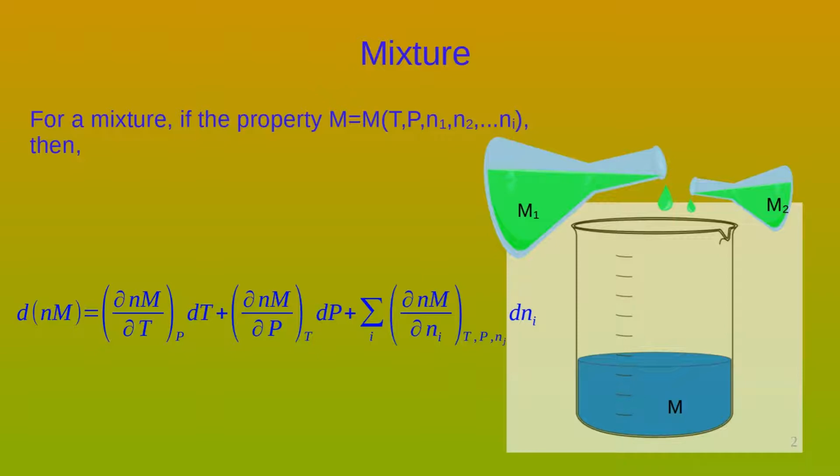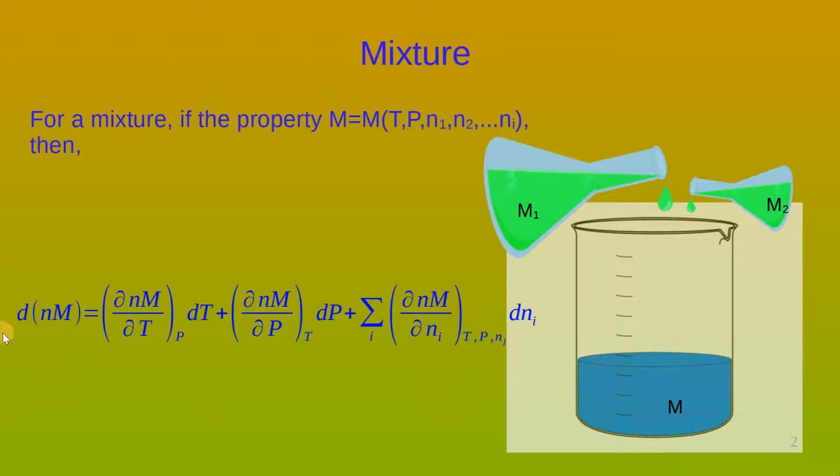Now, the internal energy of this mixture can be changed by changing the temperature. It can also be changed by changing the pressure. But one should also understand that I can change the internal energy of this system because it's an open system. I can add mass to it. I can change the total amount of internal energy in this by adding quantities to this or by adding mass to this.